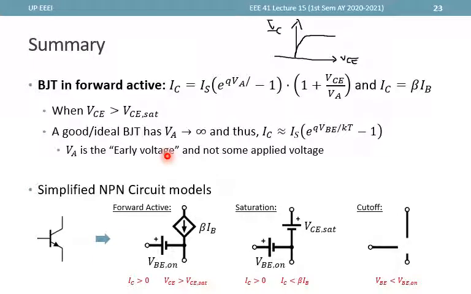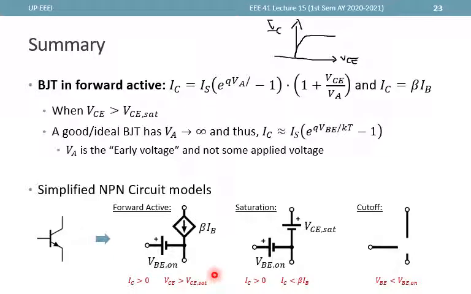We also introduced and used the following models in this lecture, specifically for NPN. We have this fixed or constant voltage source for VBE and a current dependent current source for IC, but we must ensure that IC is greater than 0 and VCE is greater than VCE sat.